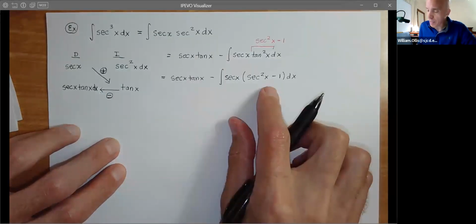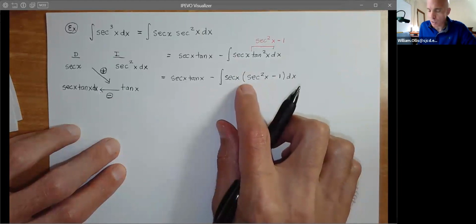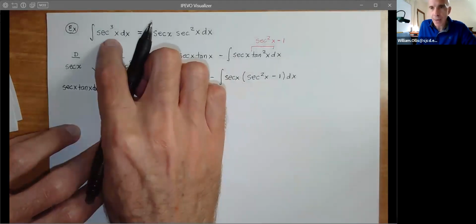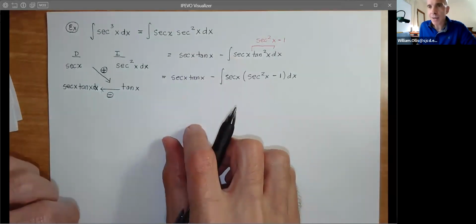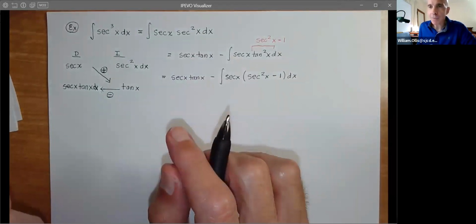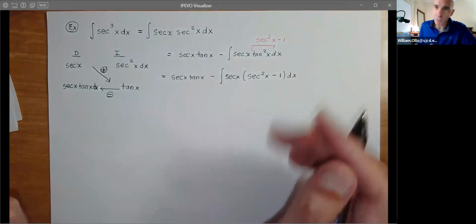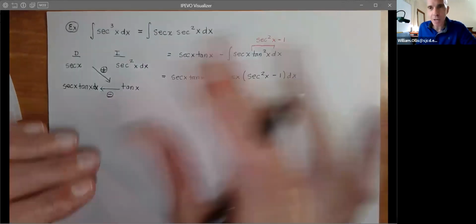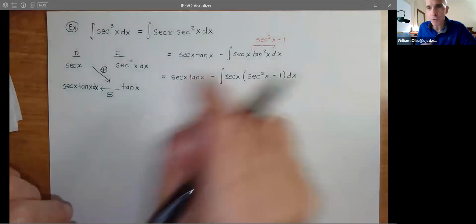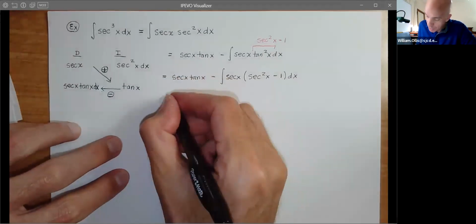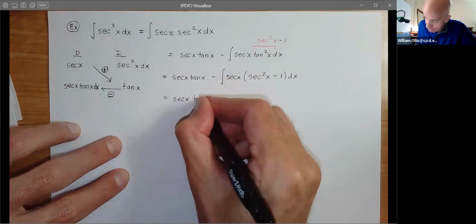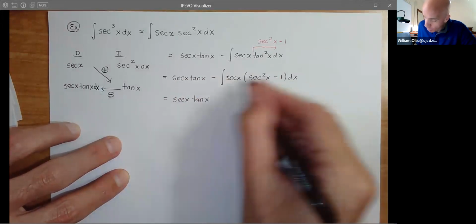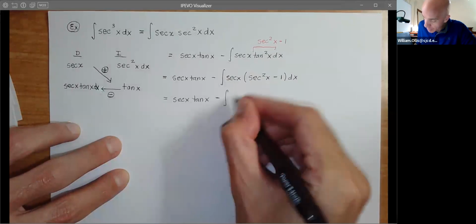Okay, so now we're thinking, oh, good, there's a secant cubed, which is going to replicate that. So we're going to have the integral repeating itself. It's like an algebraic problem where you have an x and a negative 2x, and you put all the x's together. So this is something you've done before, but you've just never done it with integrals. So this equals secant x tangent x. Now we'll go ahead and multiply this out. Secant cubed.